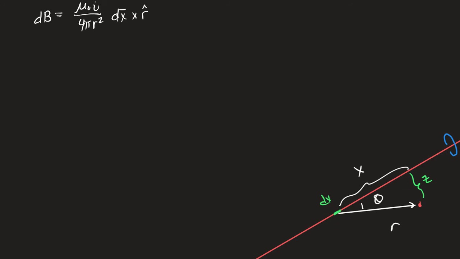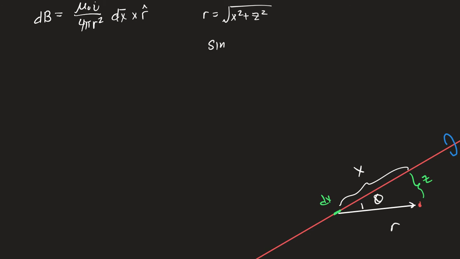Now, from this, we developed one version that I can't take the integral of. I know some of you can, but I would have to look it up. That was the first derivation we did in terms of x. It wasn't hard to put together. We said that r is equal to the root of x squared plus z squared.